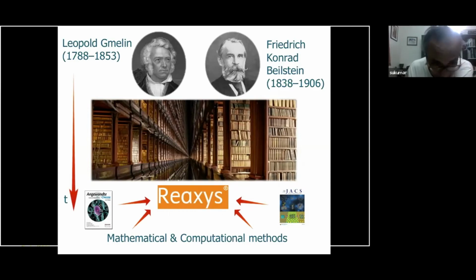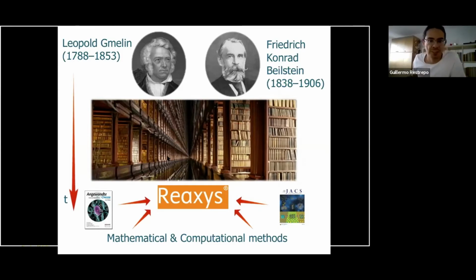Okay. What I'm saying is that all that information recorded in all those books and handbooks is nowadays electronically annotated, and we can use mathematical and computational methods to address that information, because it's historical information at the end of the day.